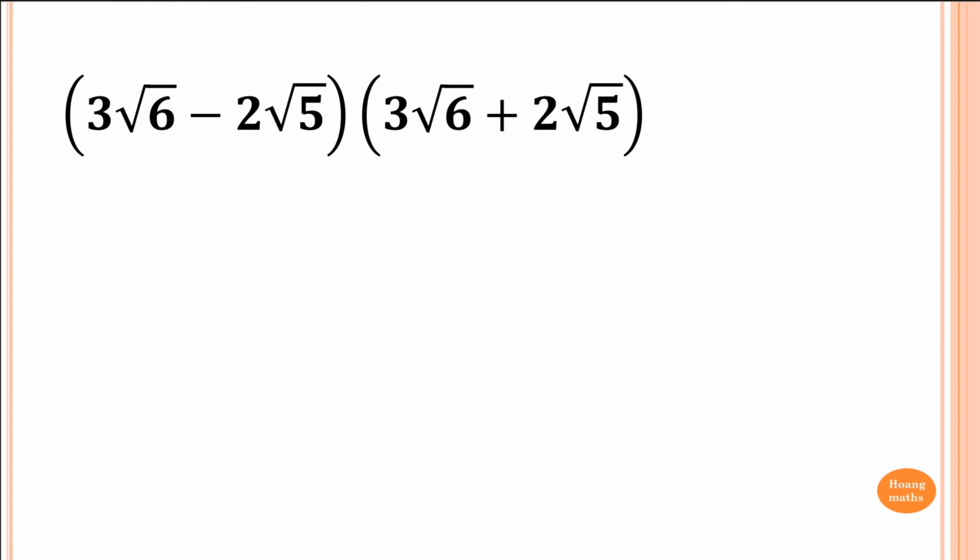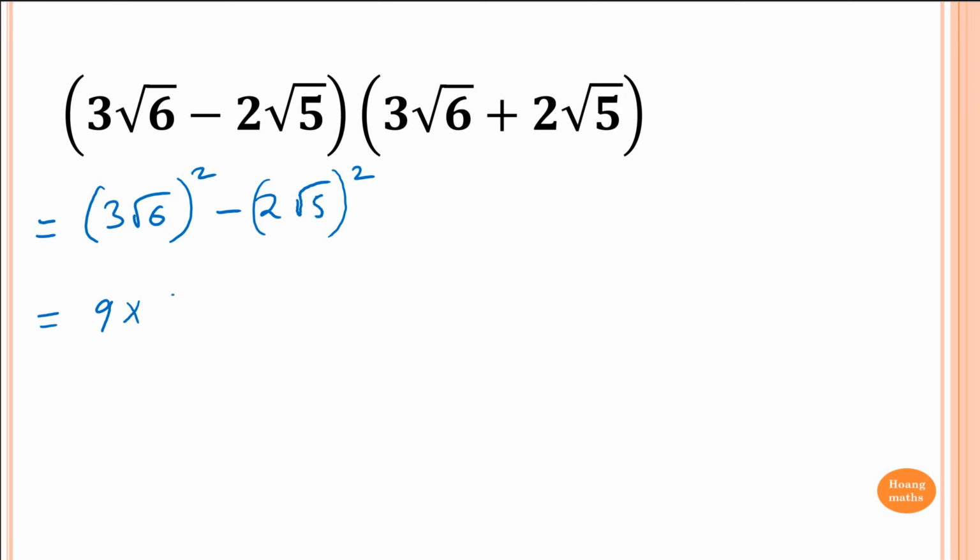Let's move on to this one here. Same thing, difference of 2 squares. The numbers are a bit too much, so what I do, I write it out. So which is 3 square root of 6 squared minus 2 square root of 5 squared. So 3 squared is 9, 9 times 6. Minus 2 squared is 4, root 5 squared is 5. That's all.